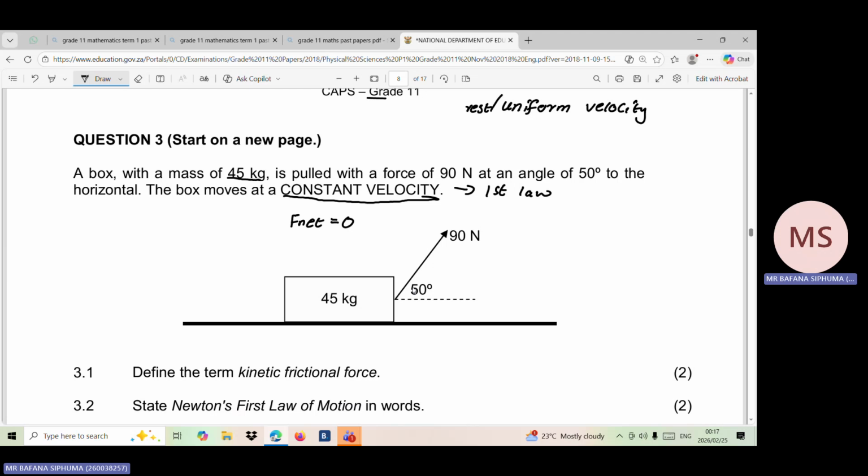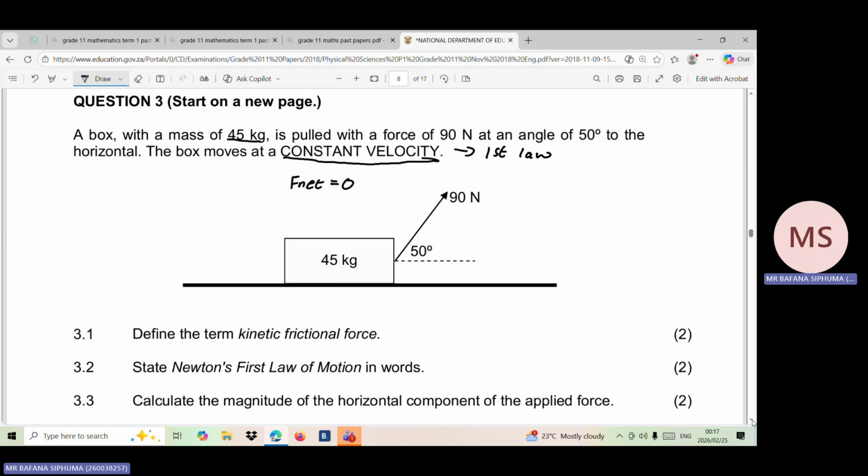I've illustrated this many times, so for today I'll just let it slide. What I want you to do is look at 3.1. Normally, they ask for the law, definitions, etc. For this one, they ask for the definition of kinetic frictional force.